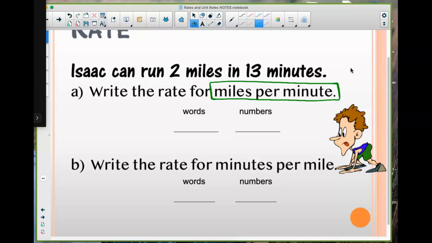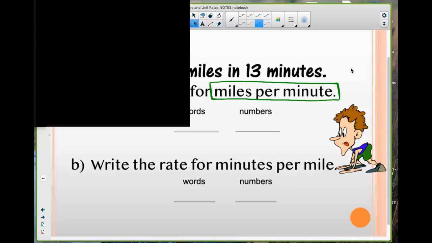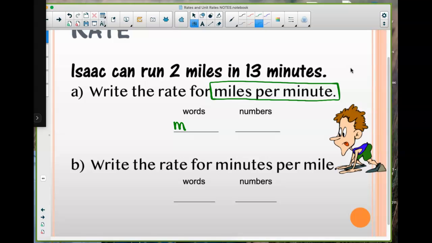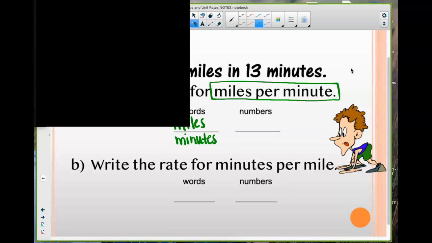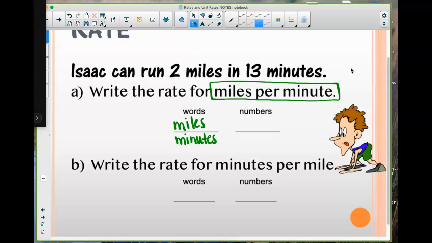So when I'm going to write this rate, it has to go in that order. In words, I have to put miles over minutes. And so the rate, it's 2 miles in 13 minutes. So it's 2 over 13. Okay, done. That's the rate. That's all you have to do if you're asked to write a rate.